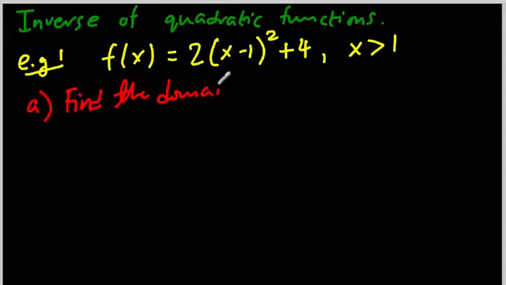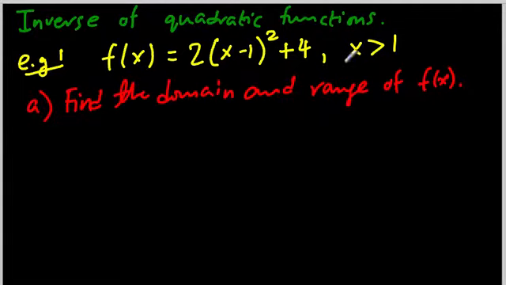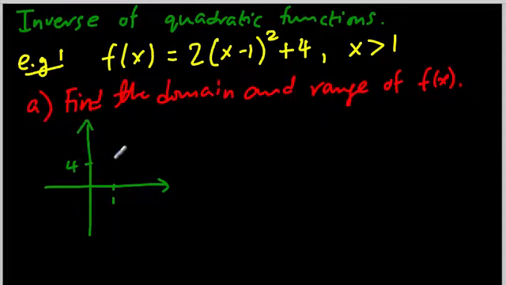By this time you should be experts at sketching this. Remember, step number 1 is always sketch this out. So if we have something like this, we know right away the vertex is (1, 4). We know that it's facing up because this is positive.